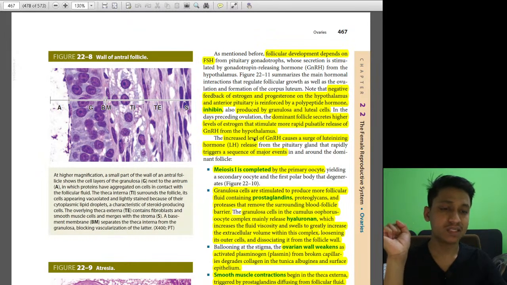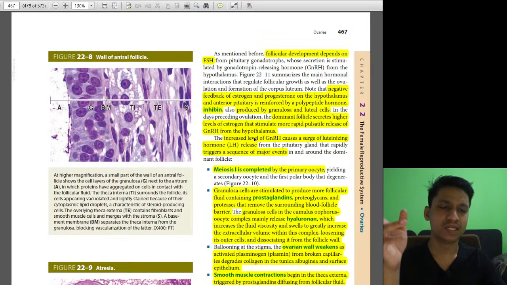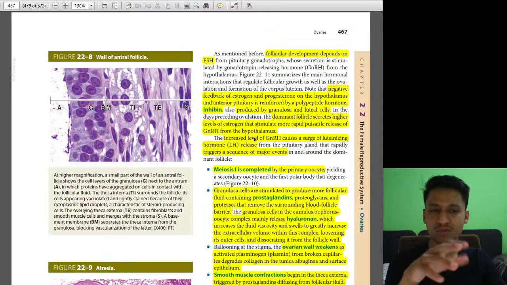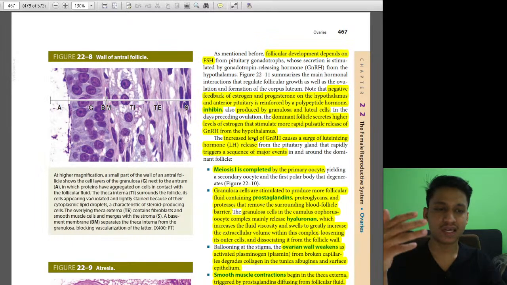We need to know about inhibin. Inhibin is important for the negative feedback, because GnRH was the one that gave a positive feedback, stimulated the pituitary, and we have secreted FSH. Later the cells secreted androgen that was converted into estrogen. But for this negative feedback of estrogen and progesterone, we have inhibin.